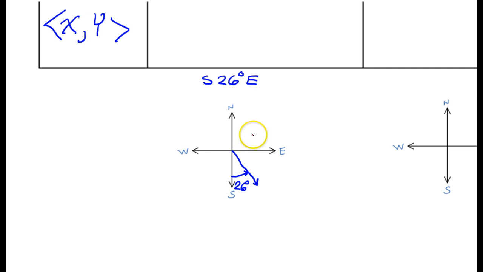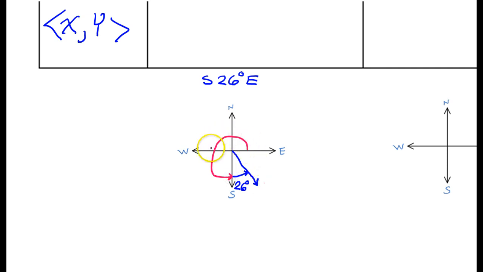The direction that we need for the chart has to be measured from the positive x-axis. So this south 26 degrees east business is not going to work for us. We need to know how many degrees it is, starting from the positive x-axis and then going clockwise from there, all the way to the vector.